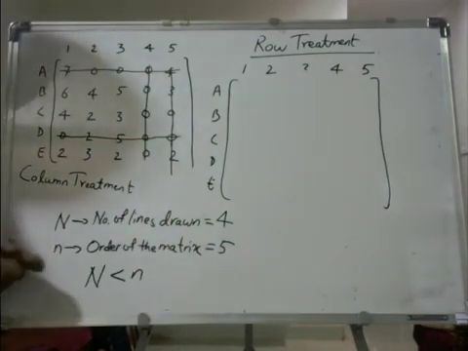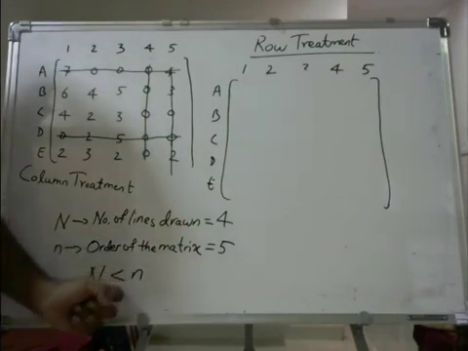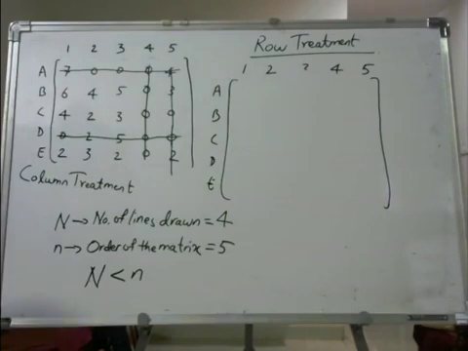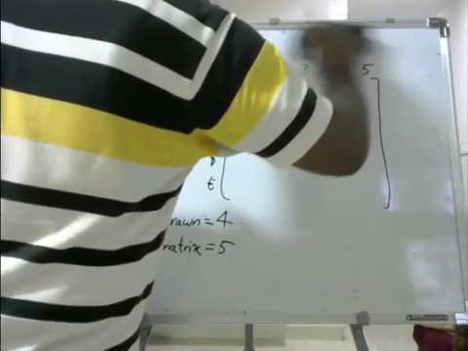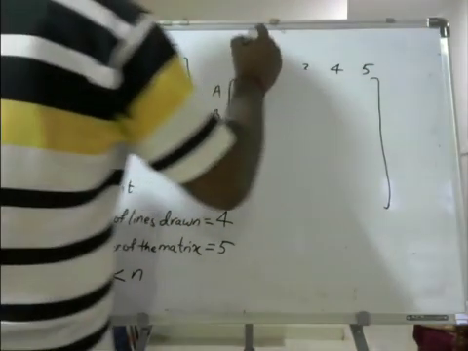But the problem here is capital N is less than small n. If this is the case, we need to go for a matrix which is called the remodified matrix. This is the next step.